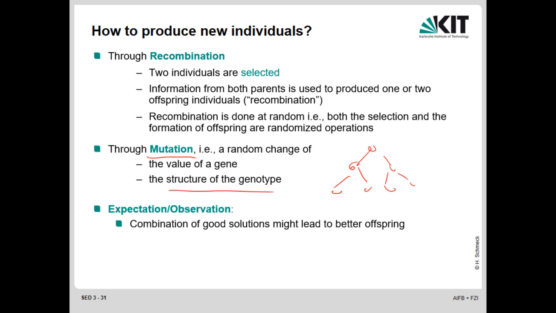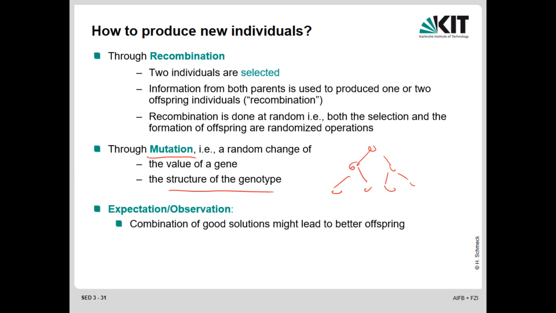And the expectation is that if you combine good solutions, you might get even better offspring. But if you would do just that, you would always go for the elitist, or for the best solutions, and combine those, which is not always the best choice. Sometimes it's better to combine individuals which are not currently the best ones, but their offspring might have perfect properties.